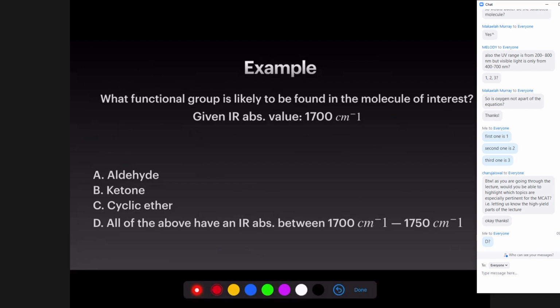So remember when I said they're not always going to give you a graph or a picture? This is one of those questions.